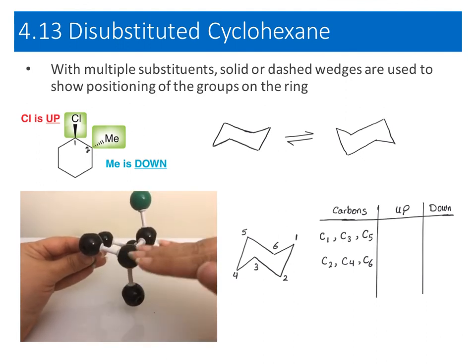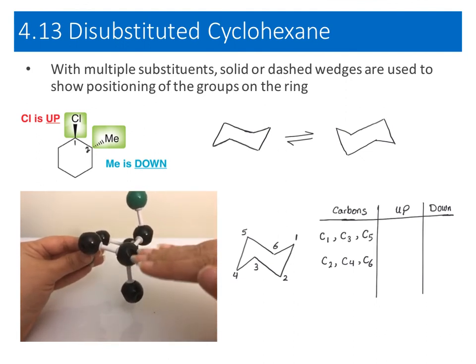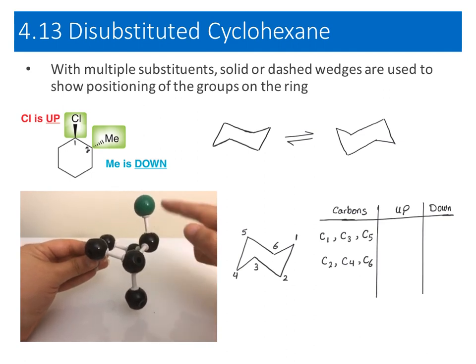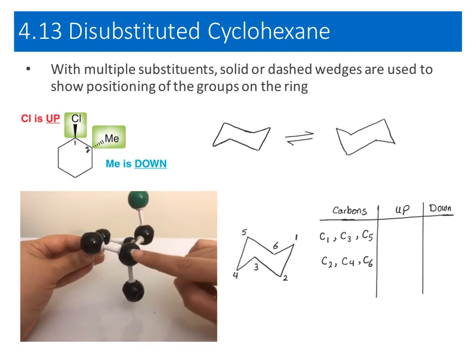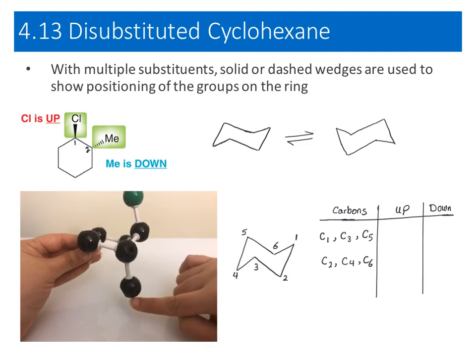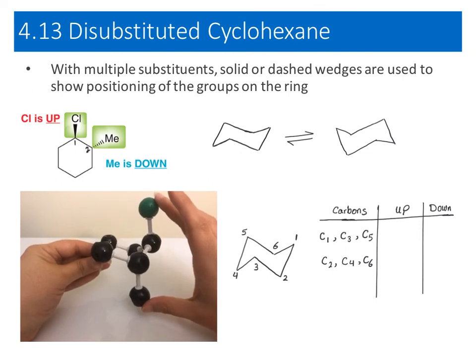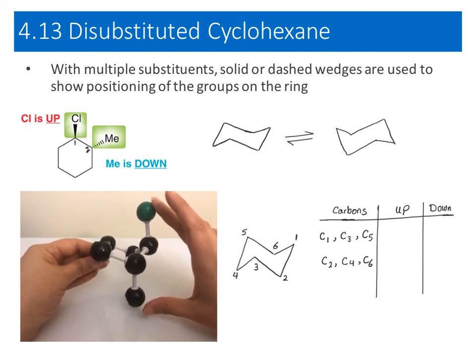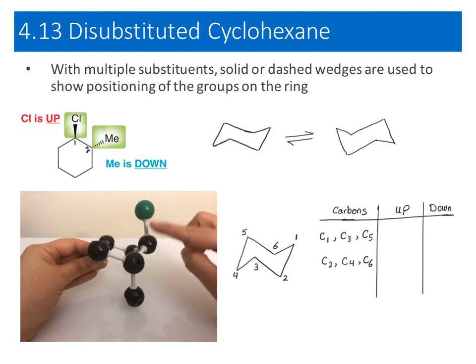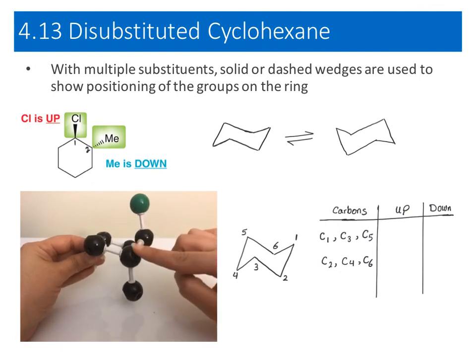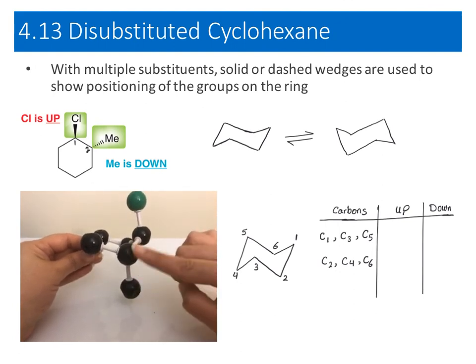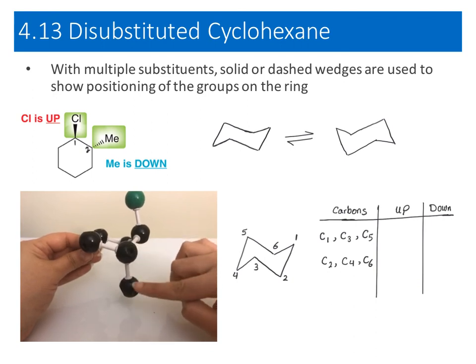So if you imagine there is a plane passing through the ring, this is up, and methyl is in dash, so it is going down from the plane of the ring. Both of them are pointing in opposite directions. So chlorine here is in the axial position and methyl is also in the axial position.